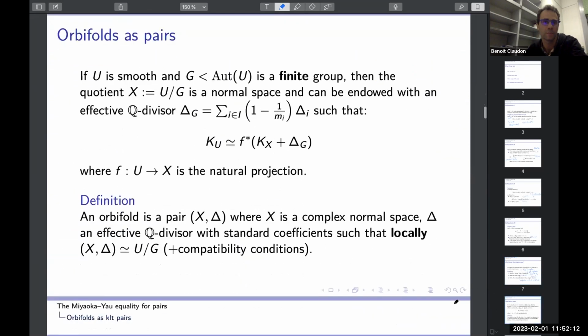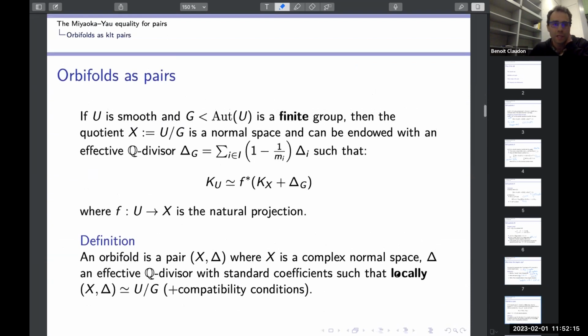Okay, now I move to the singular setting, and first I just want to discuss very briefly the orbifold setting. If U is smooth and G is a finite group acting on U, then we can form the quotient X defined as U mod G, and this is normal, of course.